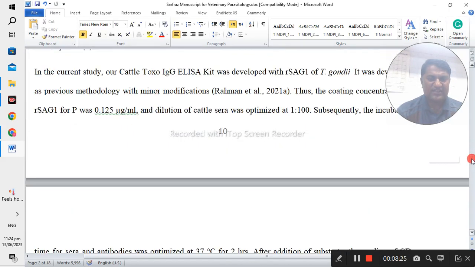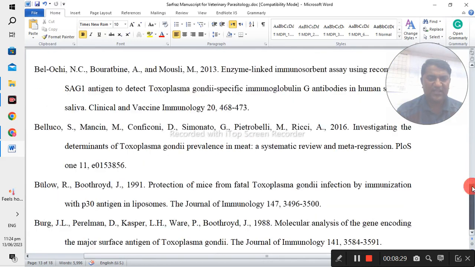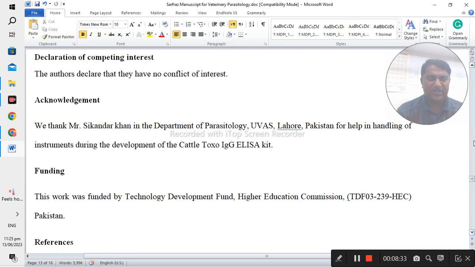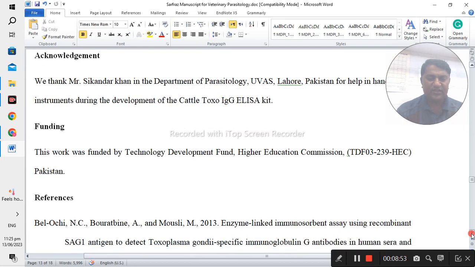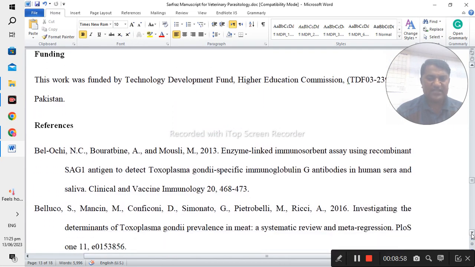After the discussion you can see the conclusion, then the author contribution, and the affiliation, and at the last acknowledgement, funding, and also the important declaration of competing interest. It means that the authors have no conflict of interest in submission of this research article. And then the last one is the references. So this is all about the original research article.